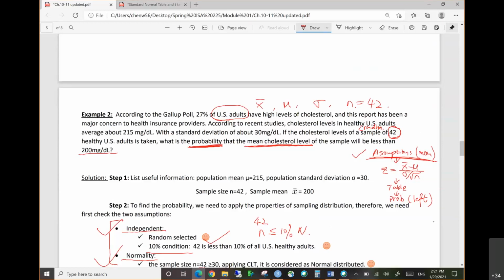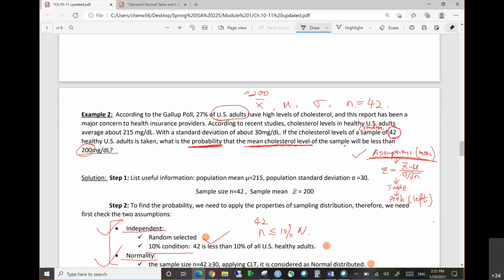What is the probability that the mean cholesterol level of the sample will be less than 200? So actually this 200 is about the sample. It will be the mean of the sample. Okay. So here will be 200. This is the key thing, the most difficult thing for this question.